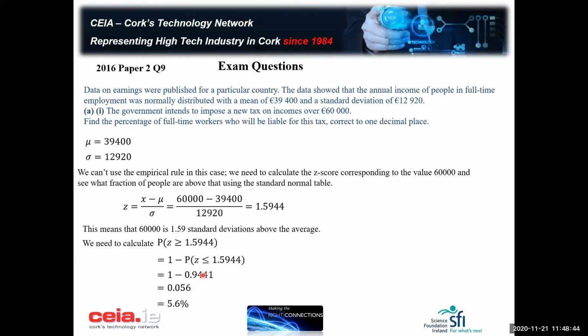And this is telling us that 94.4% are below this 60,000, but 0.056, which is 5.6%, are above 60,000, which is what you're asked to show. Again, make sure it's accurate to one decimal place here. Okay, so that was just a direct use of the standard normal table for a normal distribution.